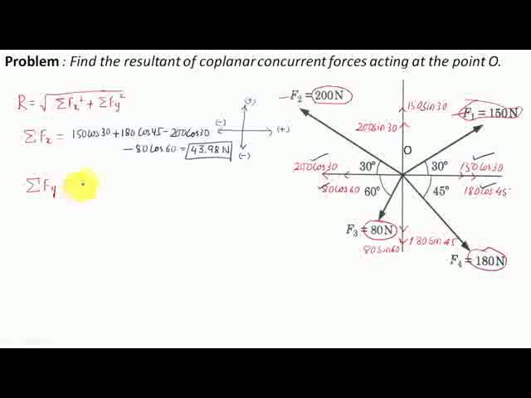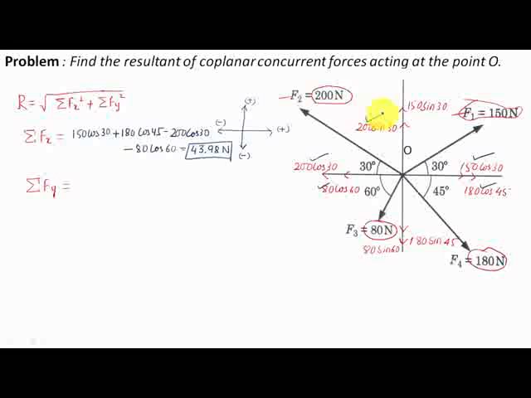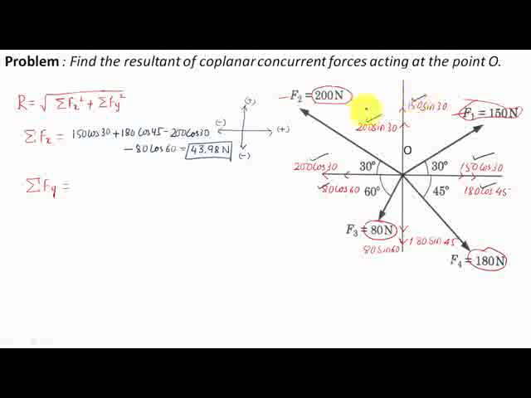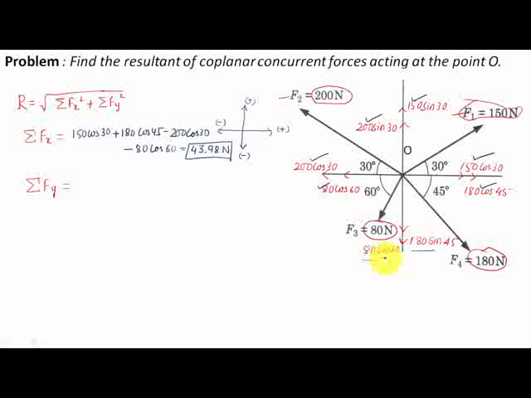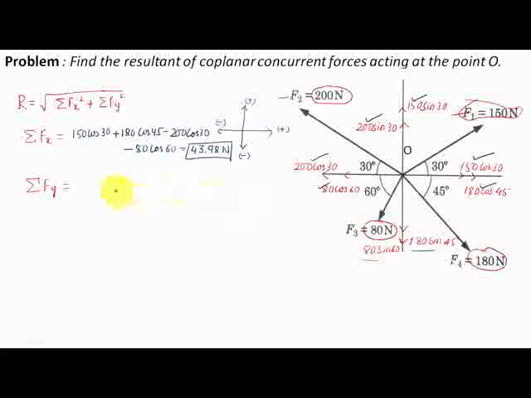Now let's worry about all the forces in the y direction. You can clearly see that these two forces are directed upwards, so they're going to be taken as positive, whereas these two forces, 80 and 180, are directed downwards, and hence they're going to be taken as negative when you write them down in an equation.